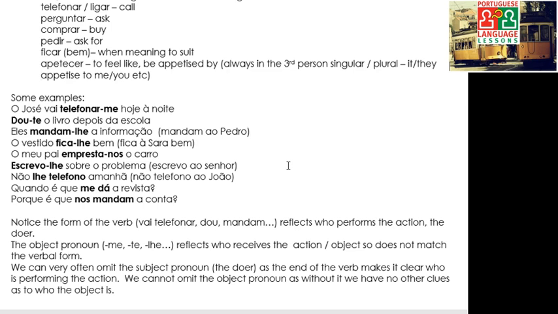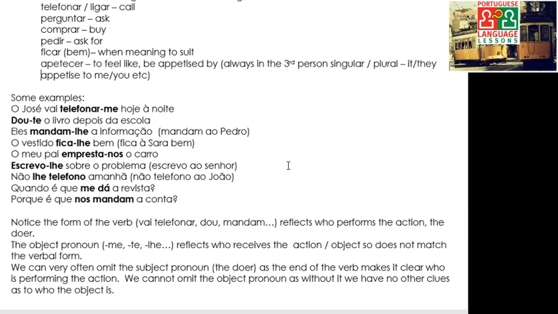Now, notice, and be careful here, the form of the verb, vai telefonar, mandam, reflects who performs the action, the doer. Okay, so that ending, that form, is all about who does it. The object pronoun, this me, te, lhe, reflects who receives the action or object. So it does not match the verbal form.